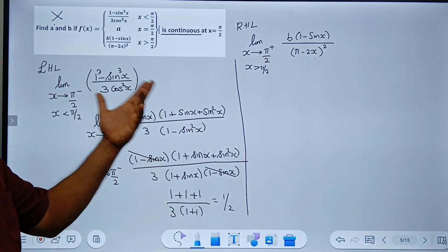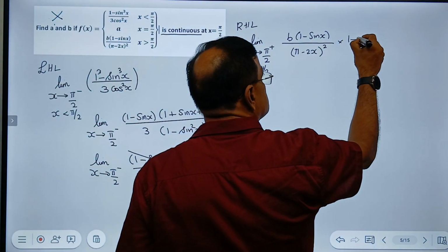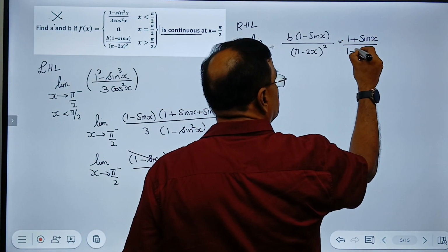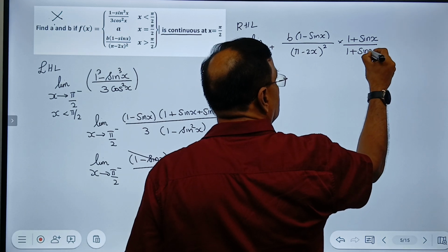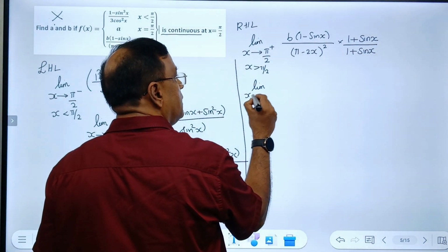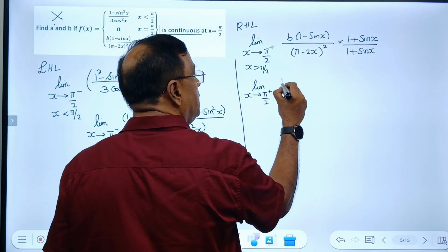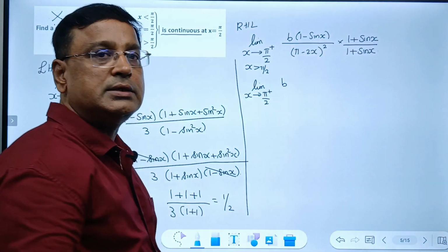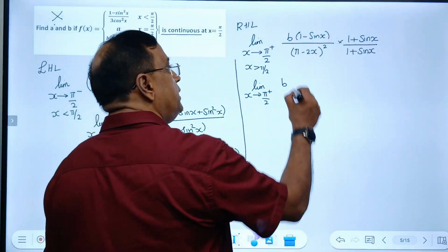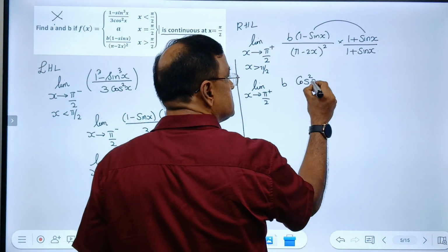Now how do I evaluate all this? You have studied in 11th standard, so you can understand. I multiply and divide by 1 plus sin x. When I do that, I get limit x approaches pi by 2 plus b into 1 minus sin x into 1 plus sin x, which is 1 minus sin square x. 1 minus sin square x can be written as cos square x.